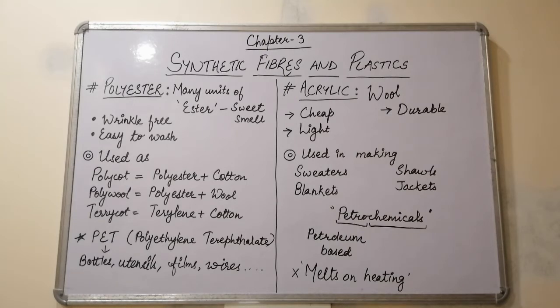Then they are used in a combination. The polyester material is used in a combination of either cotton, wool or terylene. Now what is terylene? Terylene is also a kind of polyester which is more commonly used.